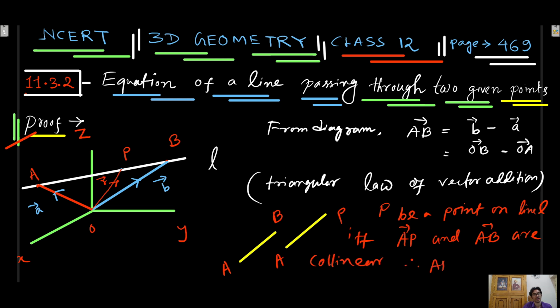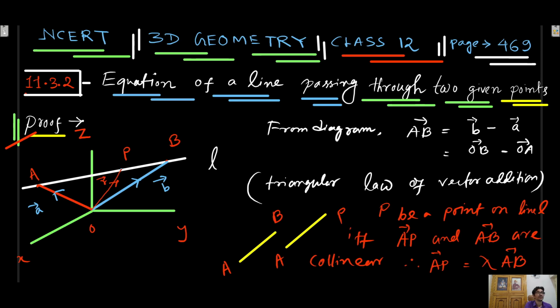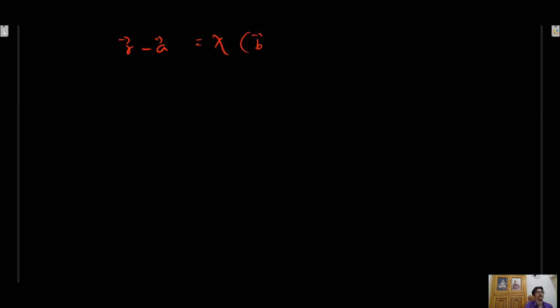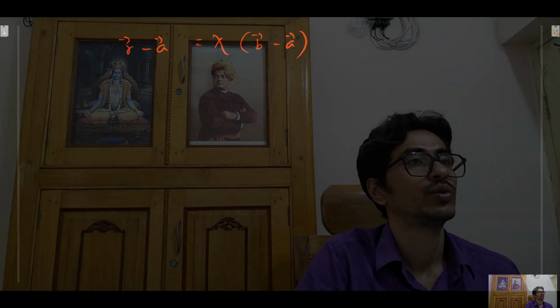Therefore, AP vector equals some scalar multiple of AB vector. Next page. What is AP vector? AP vector means R vector minus A vector equals lambda times AB vector, which is B vector minus A vector. So we have got the vector equation of the line passing through two given points.